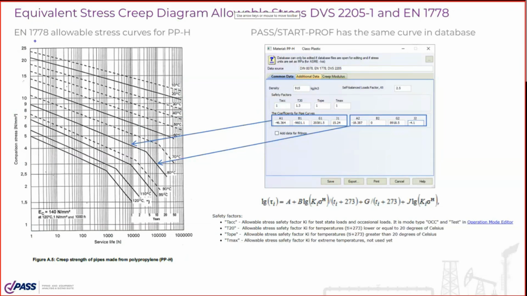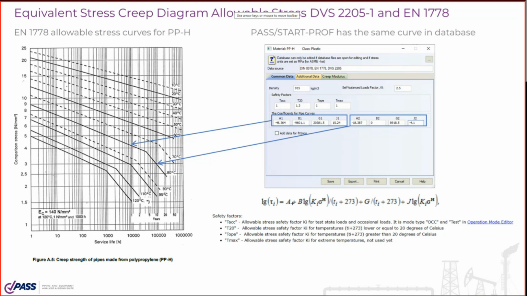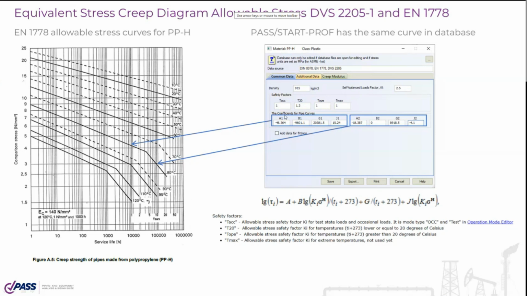And in this code, in the EN code, you can find the factors A, B, G, and J for these equations. So you need to define them here, A, B, G, and J. You should enter them here. For some materials, we have already done this, for example, for polypropylene, PE, PP, PVC, and some other materials. The information is already stored in the database.